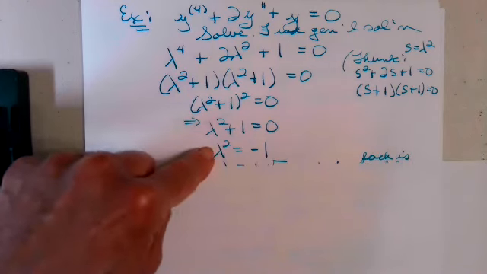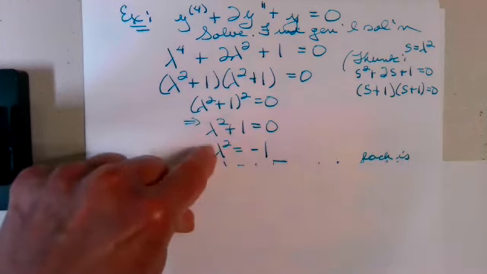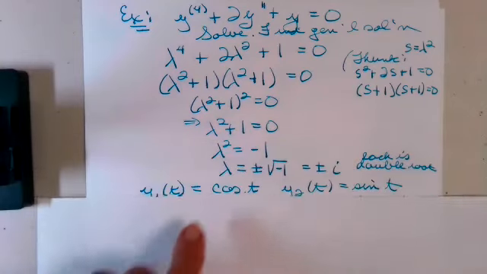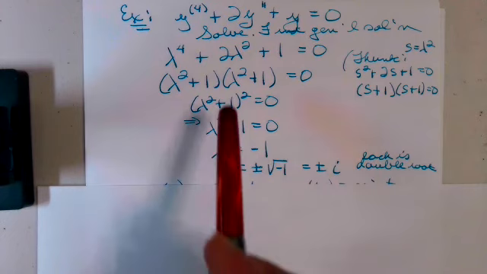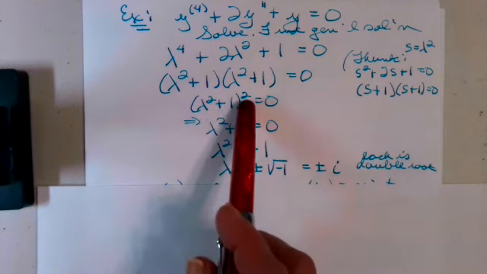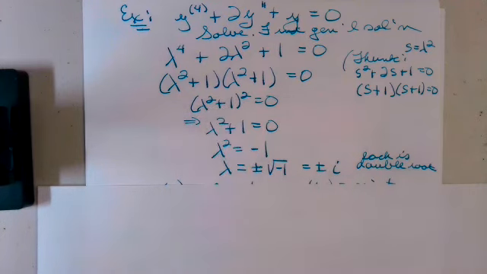So lambda squared is minus 1, which says lambda is plus or minus the square root of minus 1, or plus or minus i. Each one of those is a double root because of this squared term.